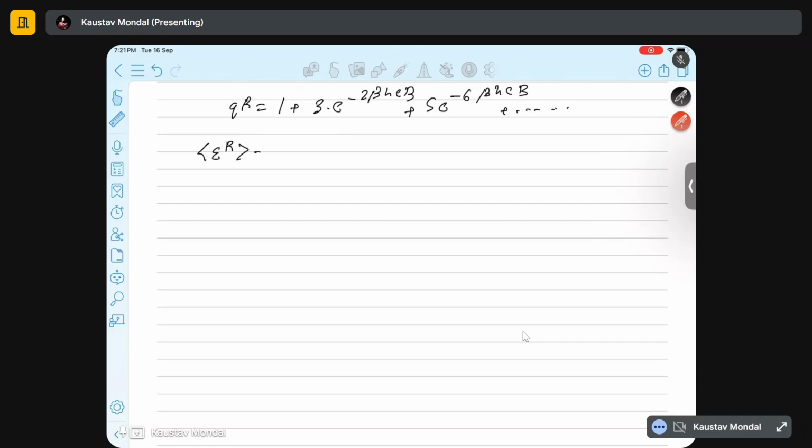So E_R is simply minus 1 by q_R into del q_R by del beta, right?